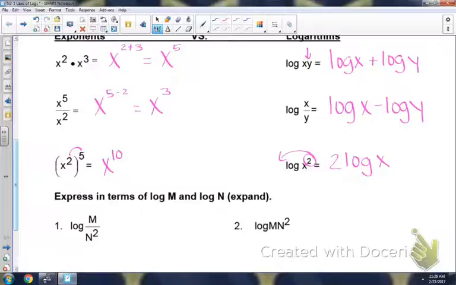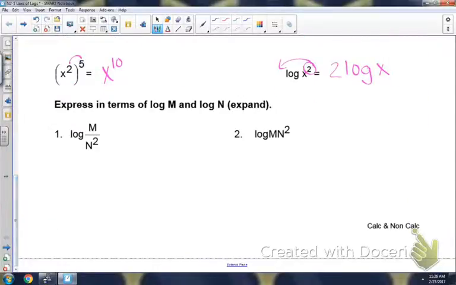Alright, now we're going to use these laws. It says express in terms of log of m and log of n. What that means is expand, which means write it in multiple logs. Notice we're dividing on number 1, so we're going to break it up by subtracting: log of the top, m, minus log of the denominator, n squared.